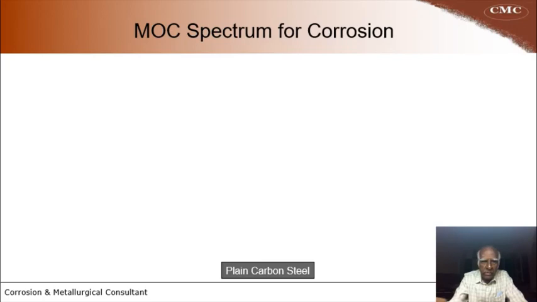I'm going to show you a spectrum of various materials of construction. We will start with plain carbon steel. For most of the purposes, because plain carbon steel is the cheapest one and its technology is very well known, people use plain carbon steel.